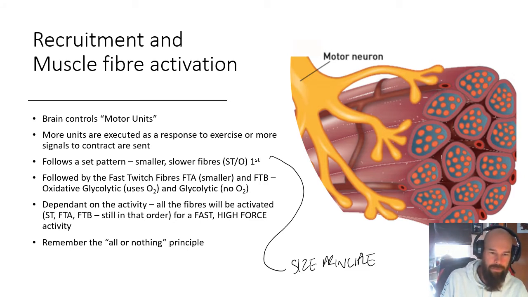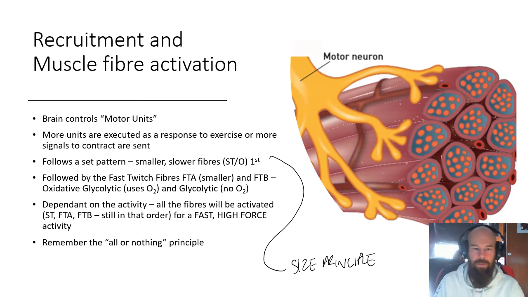In terms of how many and when they get activated, it's dependent on the activity. If it's an explosive activity, they'll still follow that same sequential order, slow twitch, fast twitch A, fast twitch B, but how quickly they're activated depends on the activity.